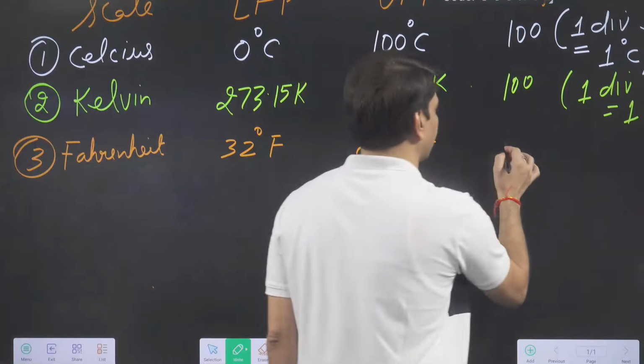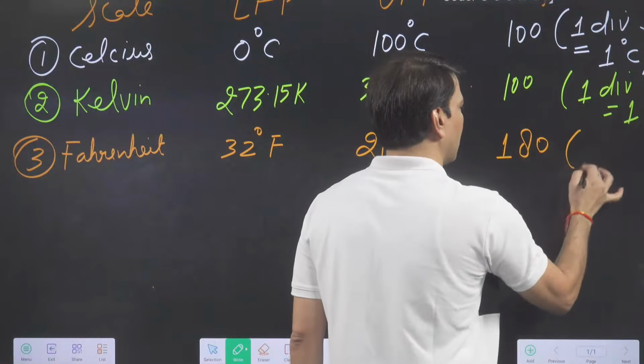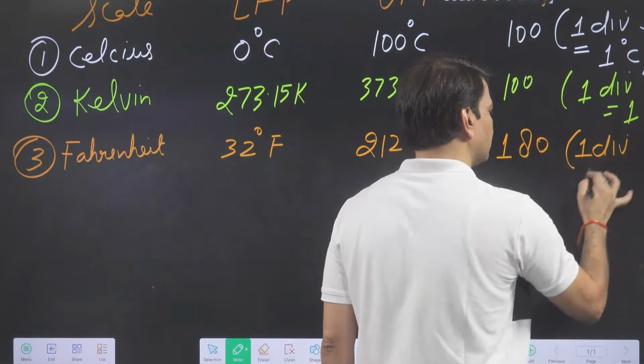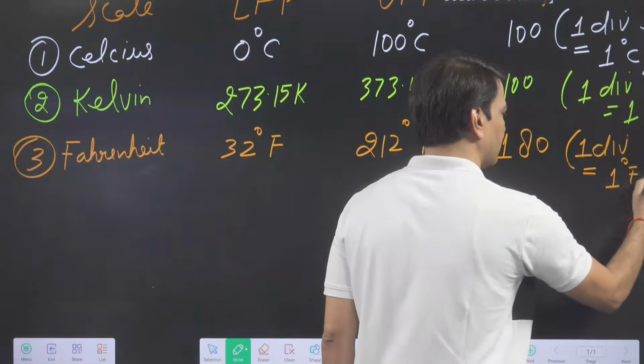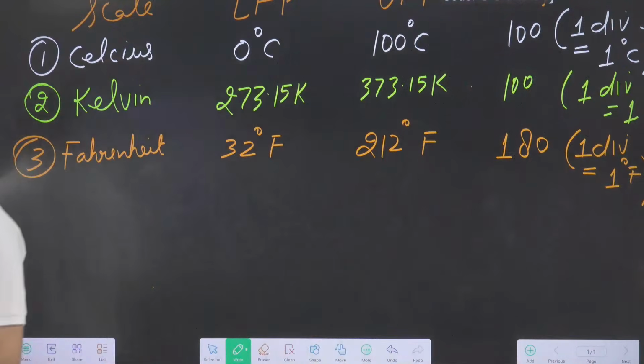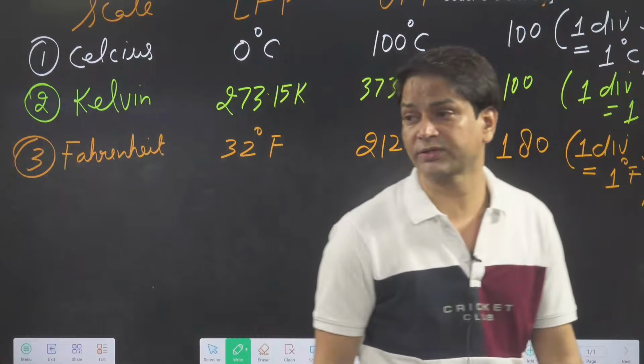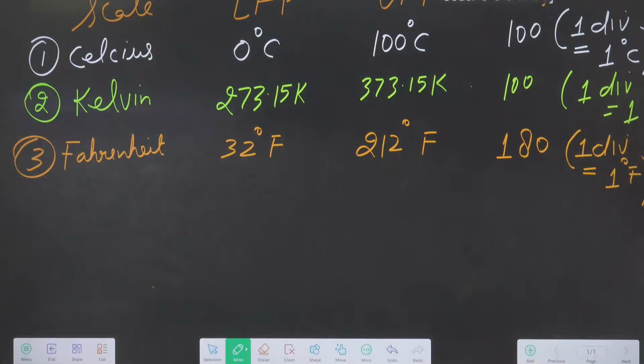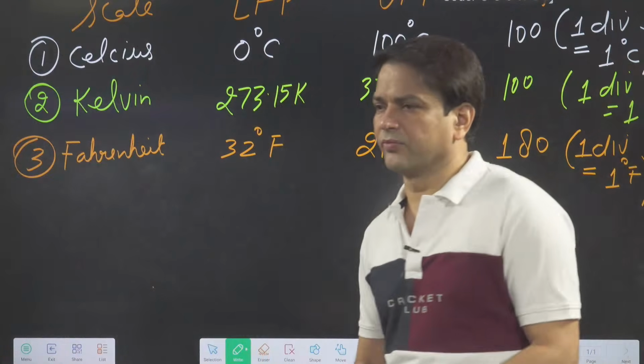That is 180. And one division is equal to 1 degree F. So the lower fixed point of the Fahrenheit scale is 32 degree F, the upper fixed point is 212 degree F, and the total number of divisions is 180. So these three we have to know.